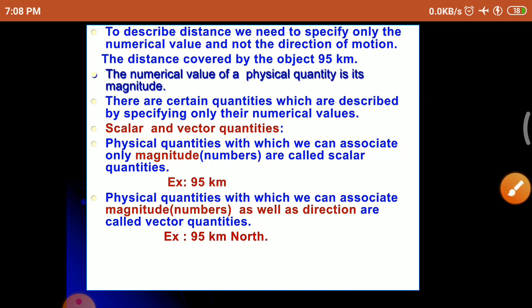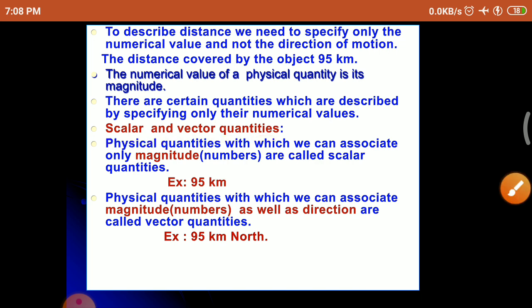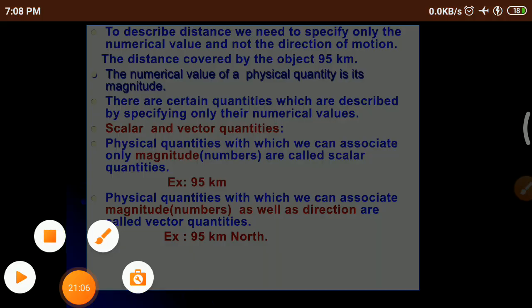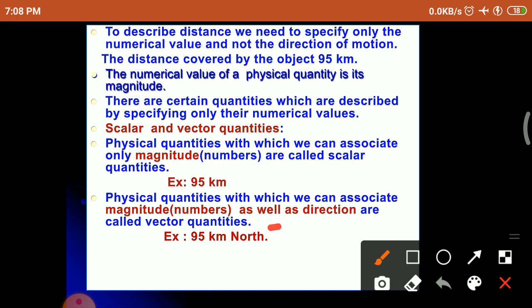There are two types of quantities to represent physical quantities: scalar quantity and vector quantity. The physical quantities which can be associated with only magnitude are called scalar quantities. And the physical quantities associated with magnitude as well as direction are called vector quantities.